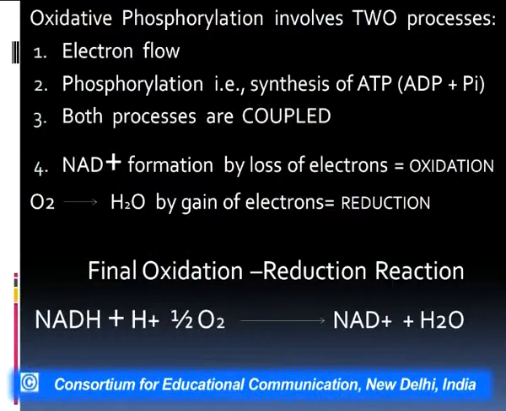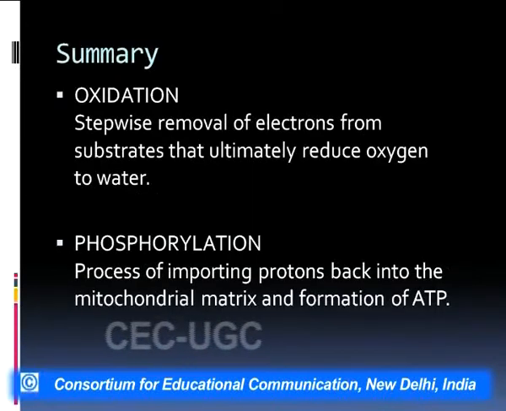Simultaneously or a little later, oxygen has to be converted into water, and this can be achieved only by the gain of electrons. So, that means it is reduction. In the final analysis, it is a redox reaction where NADH gets converted into NAD+ and half a molecule of oxygen with electrons gets converted into water.